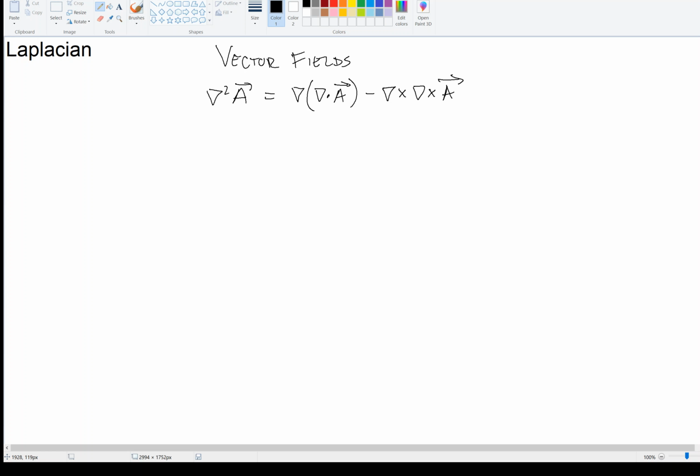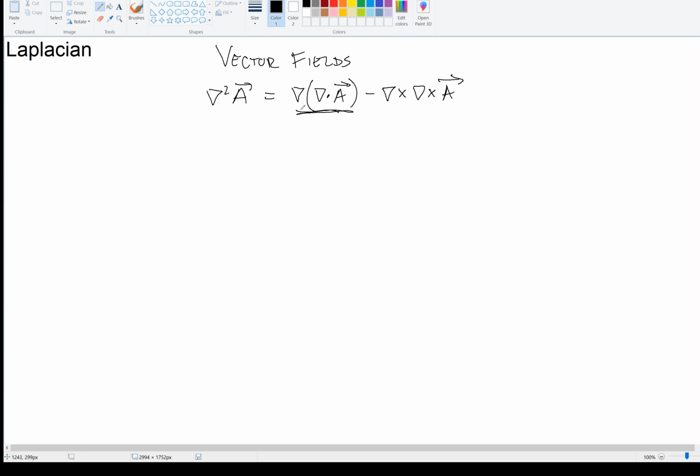All right, so I'm going to ask you this again here. Does this operation result in a scalar, or does it result in a vector? Think about that. The answer is that we get a vector out. Here in this term, our last operation is take the gradient of this thing.